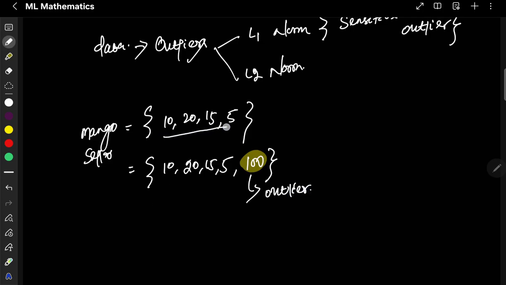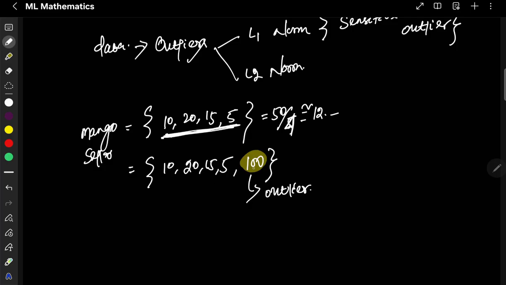The moment you take the per day average of your mango selling price, it will be around 10, 20, 30, 40, that is 50 by 4, around 12 point something, right?